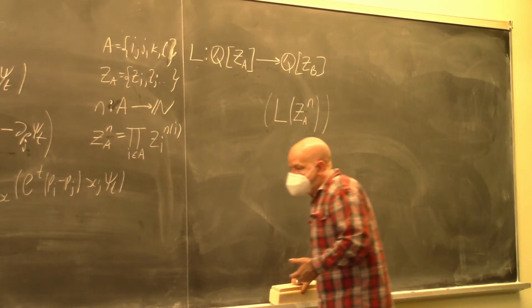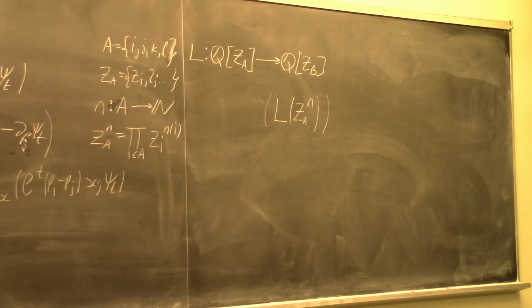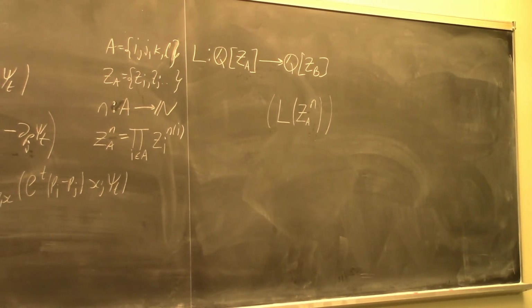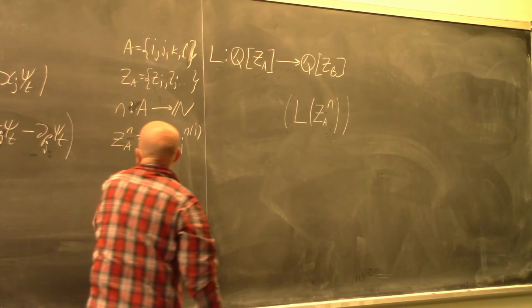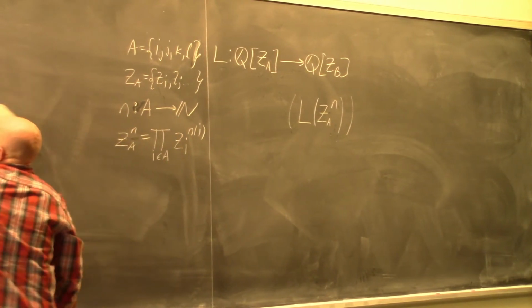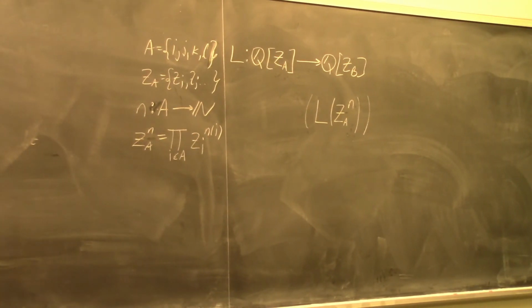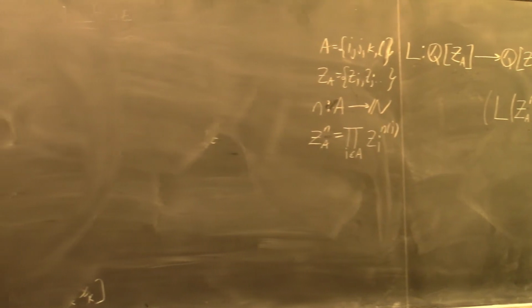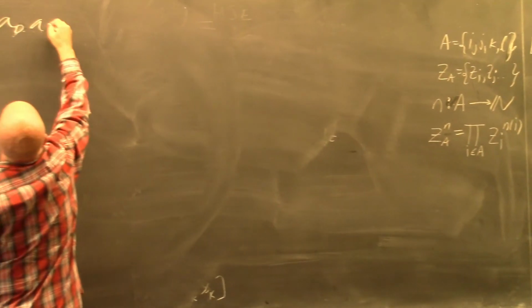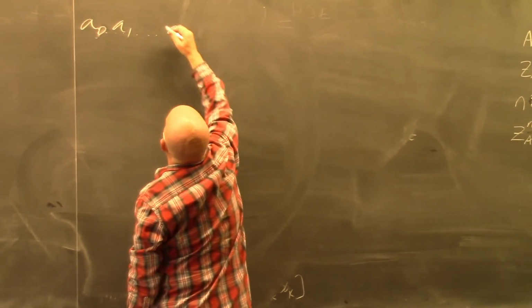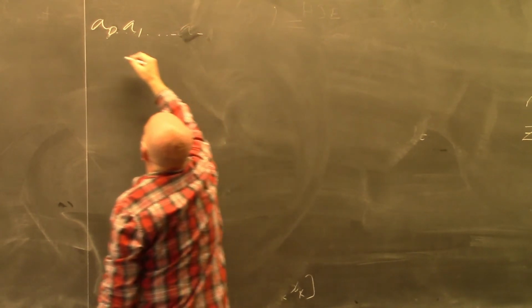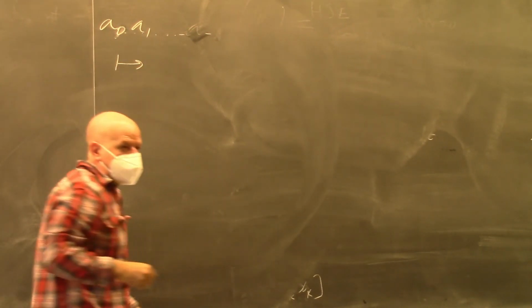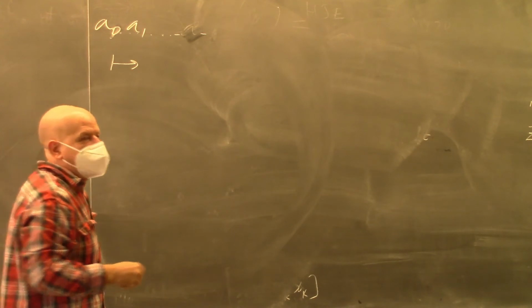So when you have a sequence, a standard thing to do in combinatorics is to look at its generating function. So I want to do exactly the same. So in combinatorics, often if you have a sequence A0, A1, and so on, often you encode it by considering the generating function.